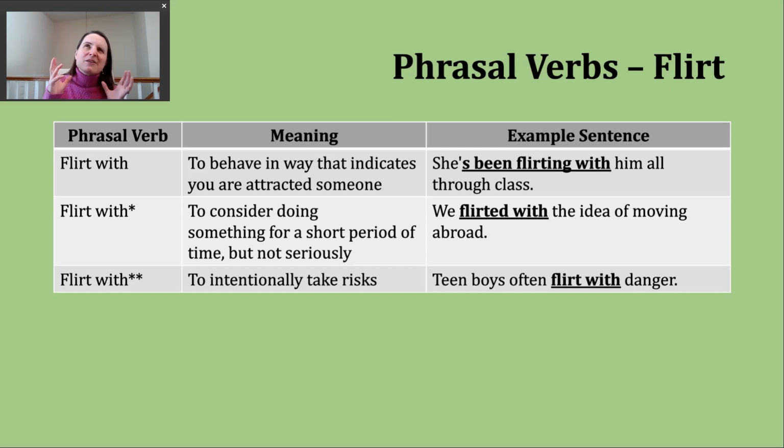So, kind of an idea we have, and then many times we dismiss it pretty quickly. An example of this: we flirted with the idea of moving abroad. So, if you heard someone say a sentence like this, they have not made the decision to do it. It's just kind of like, we thought about it for a little bit and for whatever reason decided not to pursue it.